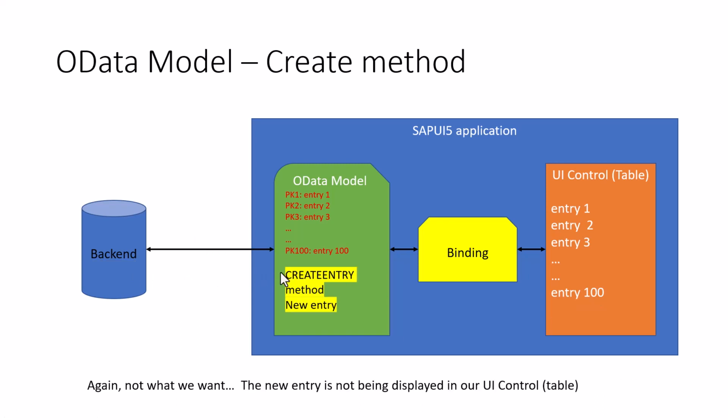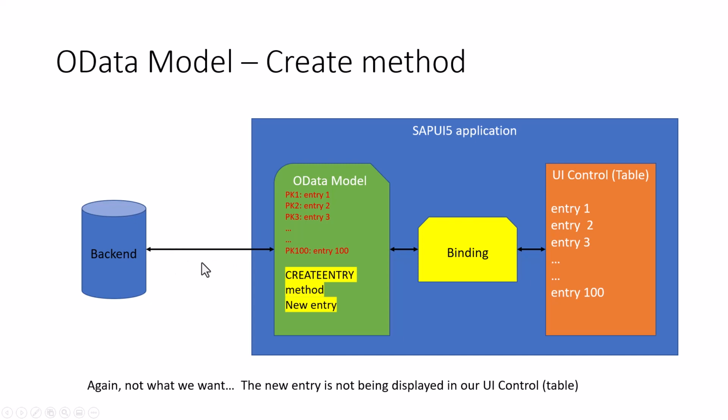Now, there is also another method in the OData model. Like I mentioned before, this is the OData version V2 model that we are talking about. This one has a createEntry method. Now, what this createEntry method does is create a new entry on the OData model. And as you can see in this diagram right here, it does not trigger a post to the backend.